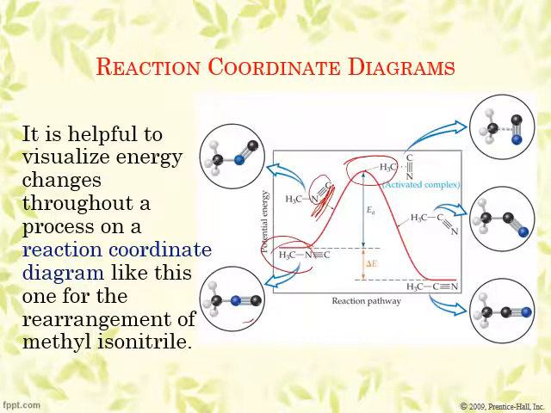So it moves inwards before it reaches the maximum point, which is the activated complex, and it becomes like this. Then product will form. So that is how to visualize what happened during the colliding of reactant to form product. In this case it's a rearrangement.